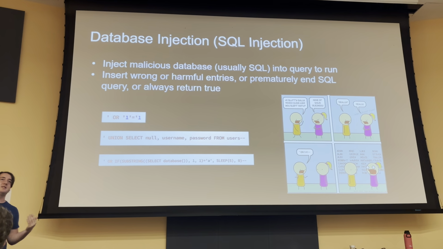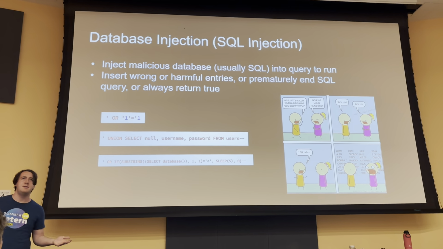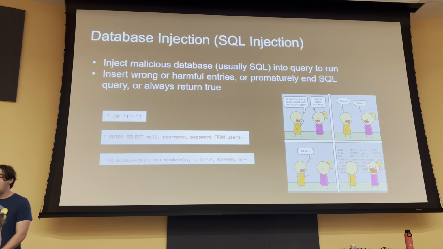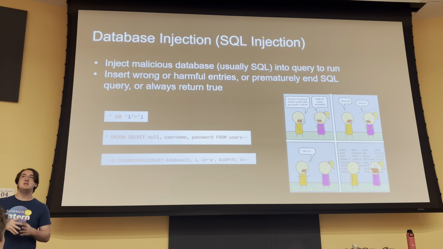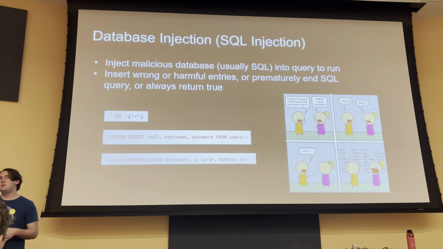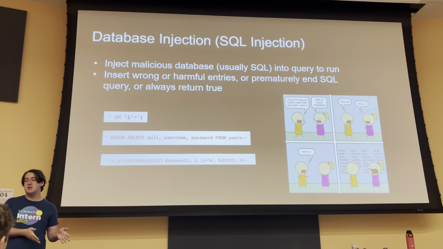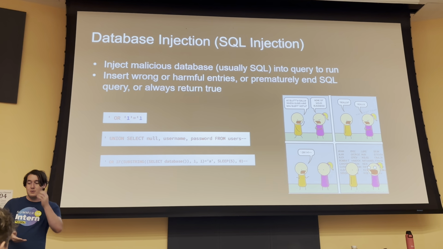So our first server side vulnerability is database injection. You've probably heard of SQL injection, but it can happen to any database system, where you try to inject SQL code or database code into the query being run to do pretty much whatever you want with the database. You can insert malicious entries, or end the SQL query so that it always returns true.